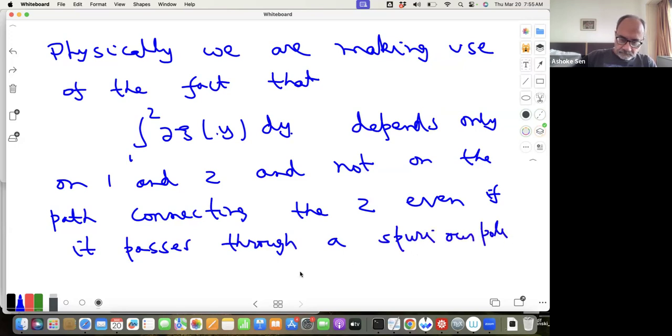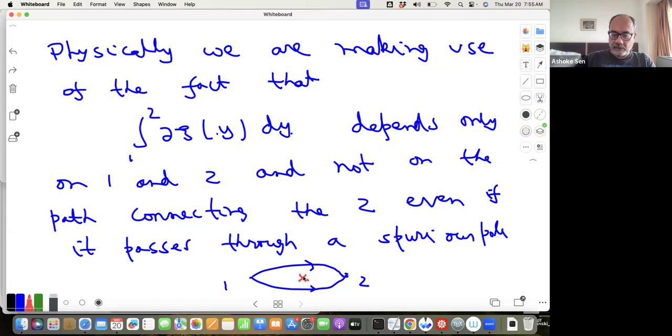Okay. So you have 2 points, 1 and 2. Imagine that you have two curves, and there is a spurious singularity sitting somewhere in between. If it was just a current, suppose it was just some dimension 1 operator, then it could be that the integral over this minus integral over this is non-zero because there is a pole at this point.